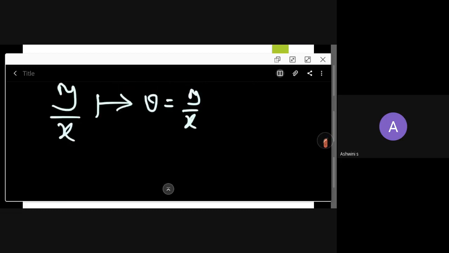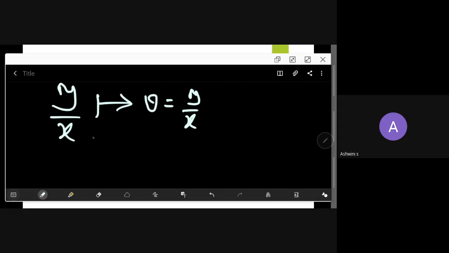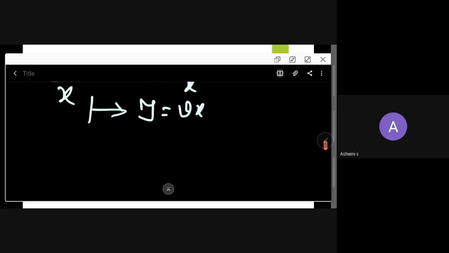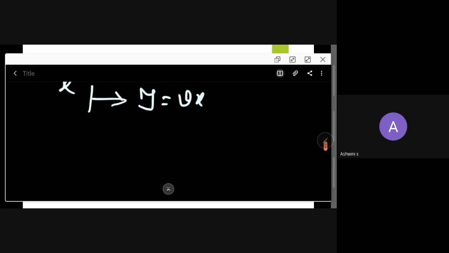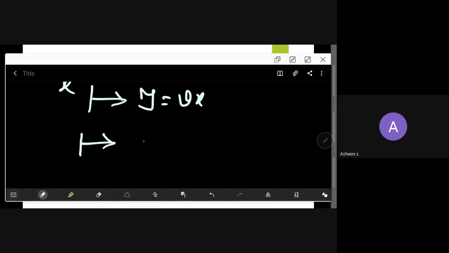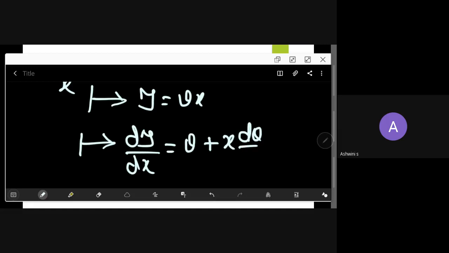So y is equal to vx. When it is y is equal to vx, this idea is called changing of variable. So you have dy by dx is equal to v plus x into dv by dx, by the product rule.